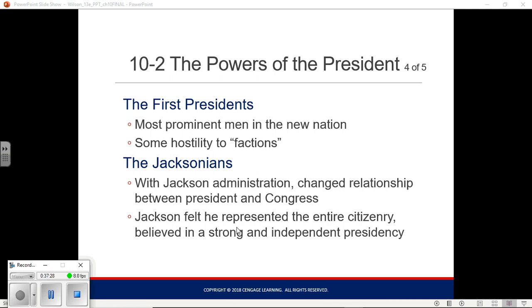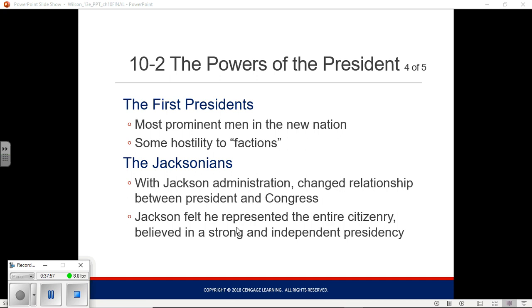Your book doesn't really talk about this, but this was the period when the right to vote became more expansive or more available because property qualifications dropped. The number of people who voted in the 1824 presidential election is a little over 355,000. 4 years later, in the 1828 election, over 1 million people voted for president. And no, the American population didn't triple in 4 years. It's because voting rights expanded dramatically.